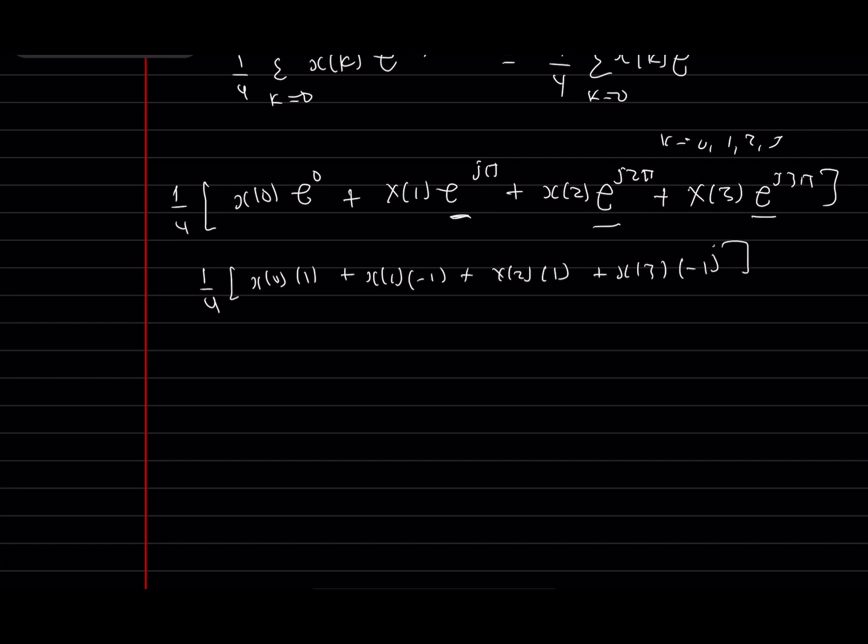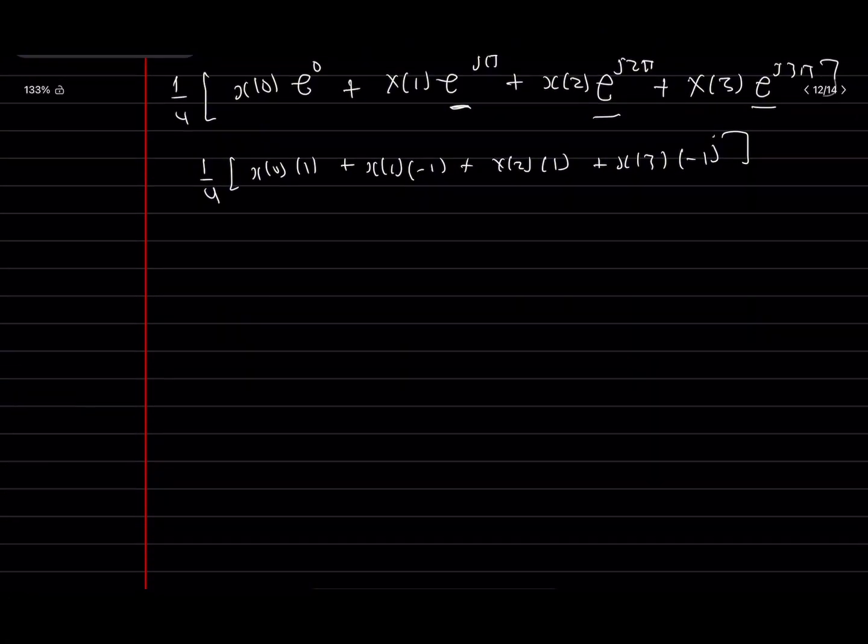So in doing this whole simplification, we are going to get 1 over 4 multiplying by, let's say, 2 multiplied by 1 plus 1 minus j multiplied by negative 1 plus 0, and another one is 1 plus j multiplied by negative 1.